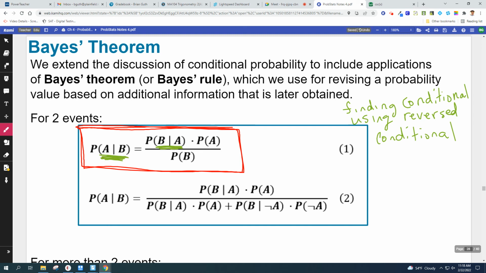Okay, so when you look at the second equation, it looks a lot more complicated, but they're just breaking it down into kind of conditions, okay? Notice the first part and the numerator is the same. The only thing that's different is that denominator looks a lot more complicated.